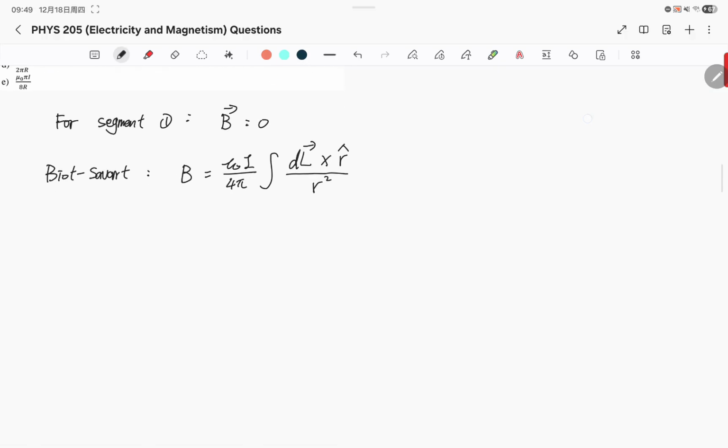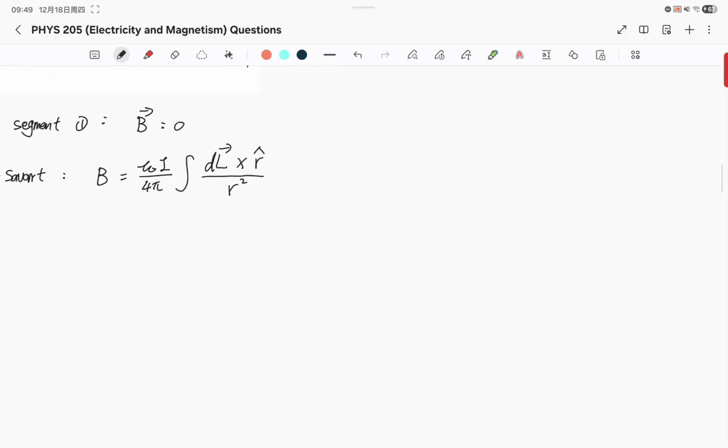So we can draw what happens for segment 1. Segment 1 is right here. Point P is here. Current flows in this direction. So our dl, remember that dl is in the same direction as our current. So this is dl. dl is the length vector pointing in the same direction as the current.